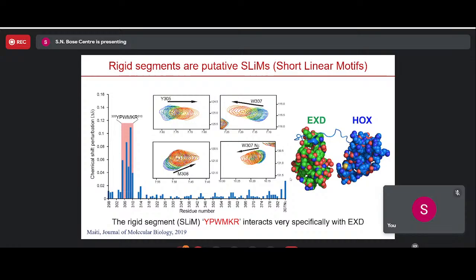Okay. So when we did that titration, in NMR spectroscopy, we can actually pinpoint where exactly the interaction is happening, because each of the amino acids we can trace. So what we do is we label this protein with N15 isotope and we assign it. So we know each peak belongs to which amino acid.